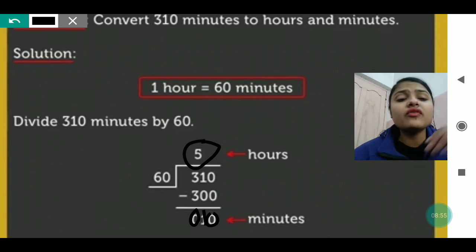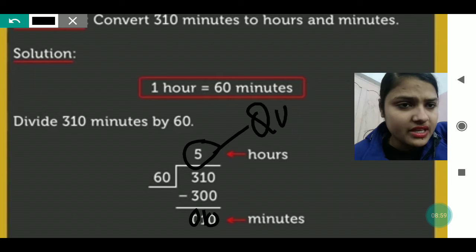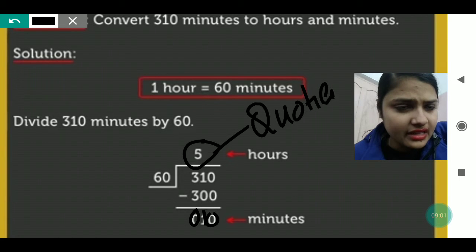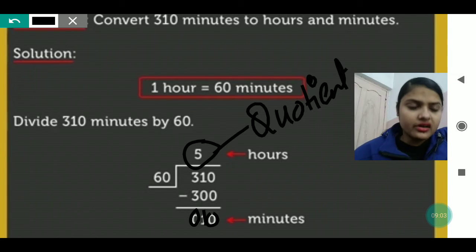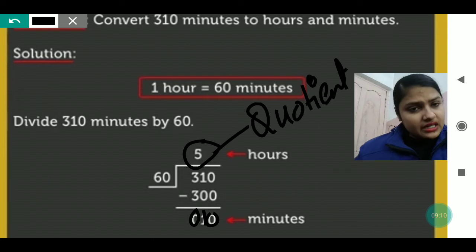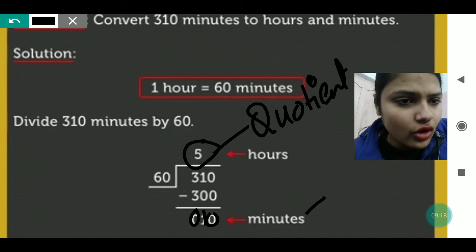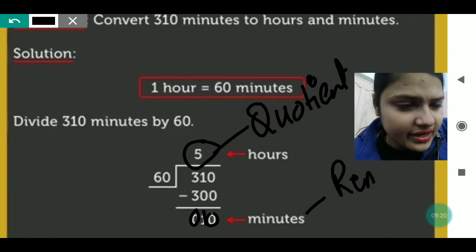So the number which you have got upside, the quotient, will be written in the larger unit, and the larger unit here is hour. Hour is larger here, meaning hour is much more than minute. So the quotient will be written in the hour place, whereas the remainder which you have got will go in the minute place.